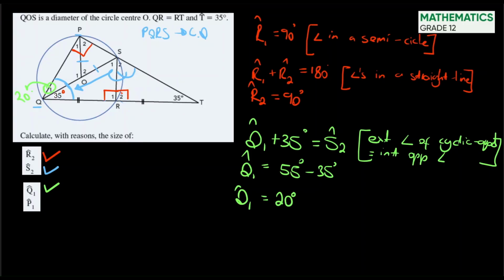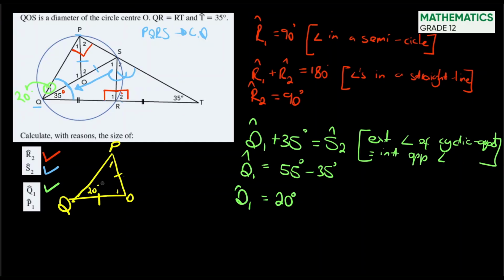Let's move on to try and calculate what angle P1 is. For angle P1, I have to really look closely. This is P1 over there. We know that this is O, and we know that OP is equal to OQ. And we just calculated that Q1 is equal to 20 degrees. I just tried to redraw that diagram to something a bit more visible here. If this is our triangle POQ, we have sides PO and OQ that are equal.